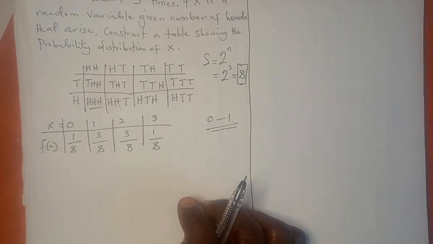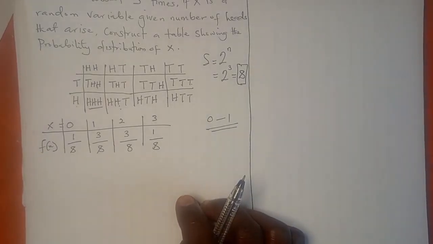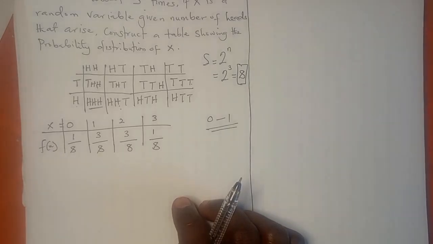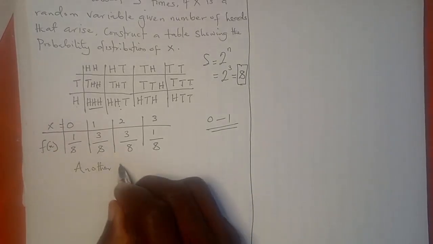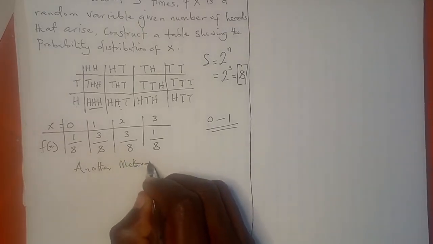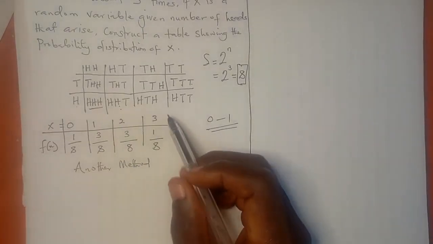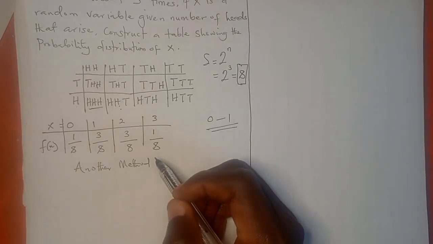There is another way of doing this, and what is the way? That is using a tree diagram. How do we do that? This is another method of getting the sample space.